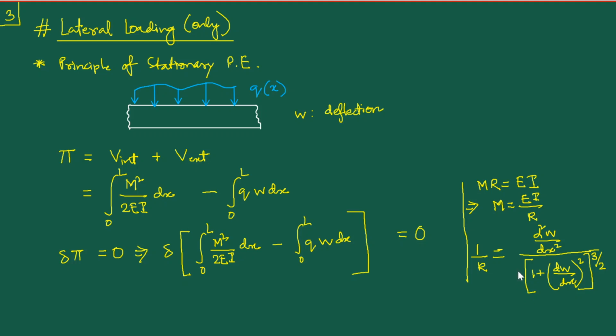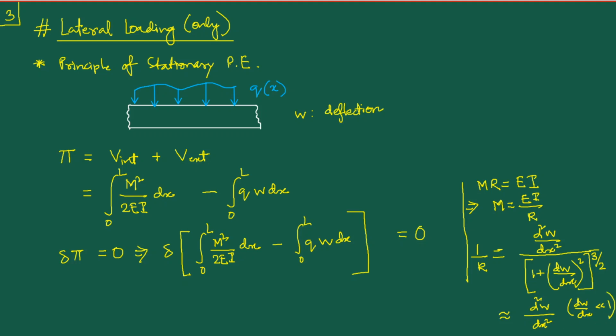Okay. Now, what we are going to do is we are going to make the approximation that this is approximately equal to d squared w dx squared, where we are basically saying that the slope dw dx here is not too large. So this basically works under the assumption that the magnitude of dw dx is much less than 1.